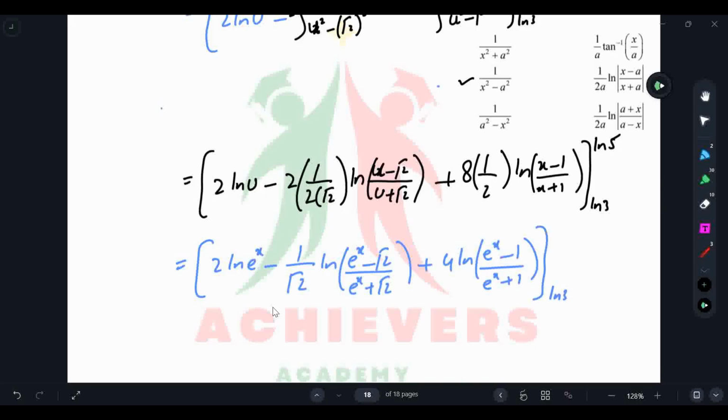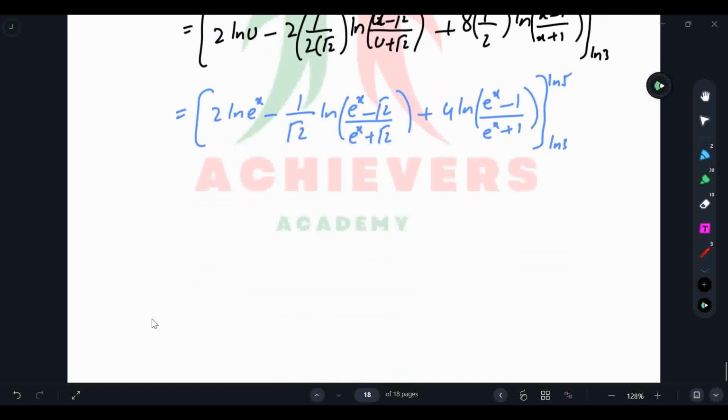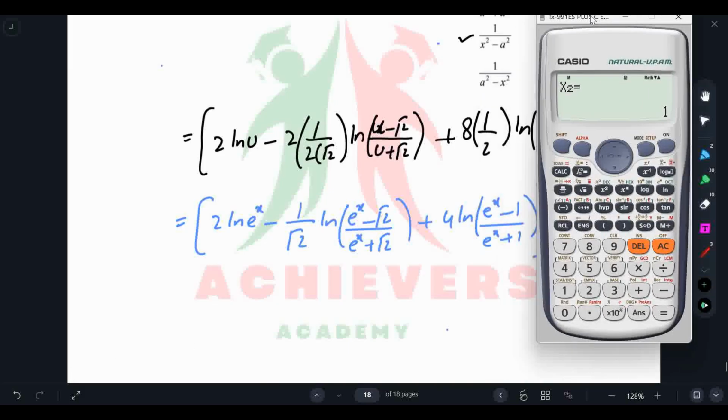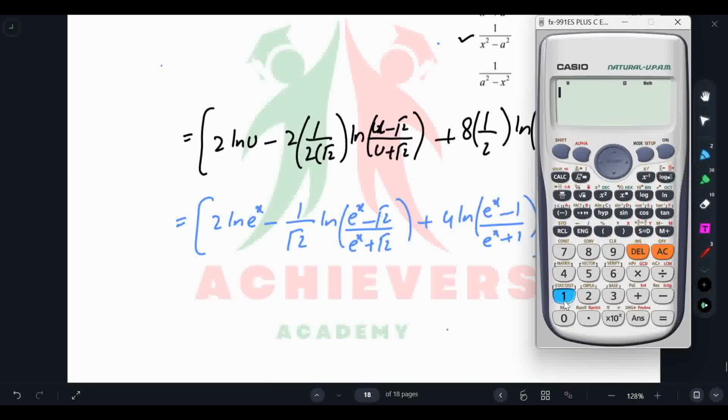Now we need to put upper limit minus lower limit, and then we can easily simplify it. So how can we simplify it? If we put upper limit minus lower limit, let me put the upper limit first and then we will put the lower limit, and we can see the values.